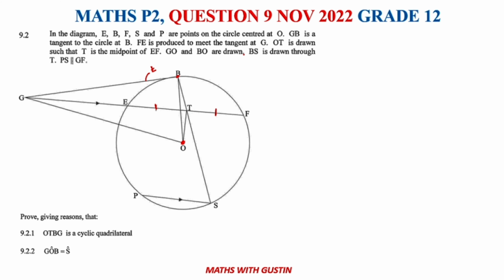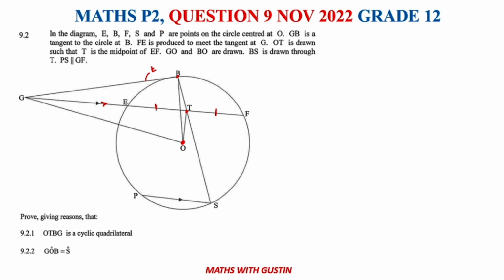And then OT is drawn such that T is the midpoint of EF. That's why it is dividing the line into equal sides. And then GO and BO are drawn, and then BS is drawn through T, making PS parallel to G.